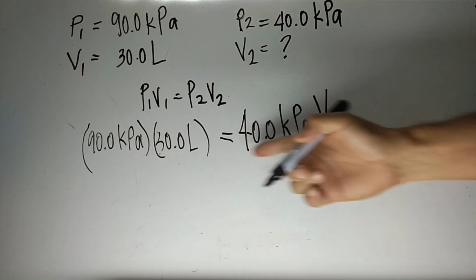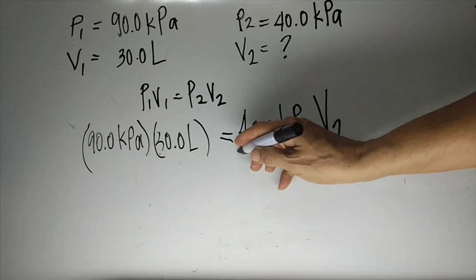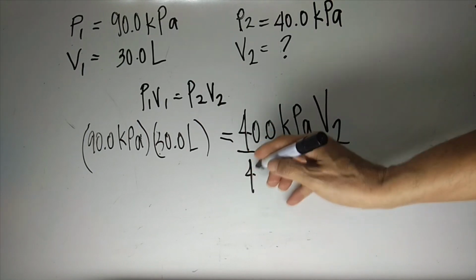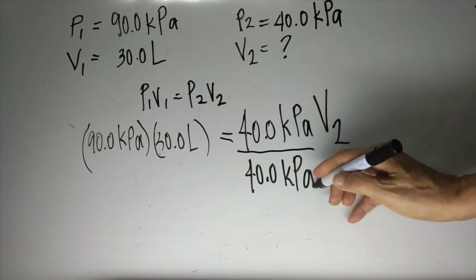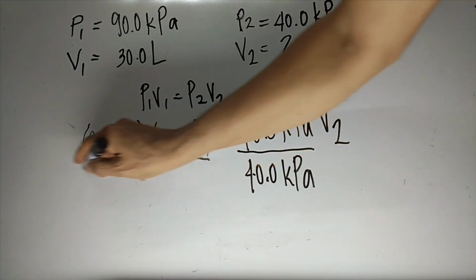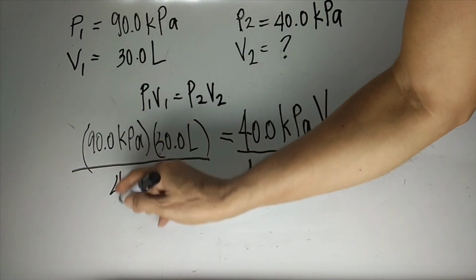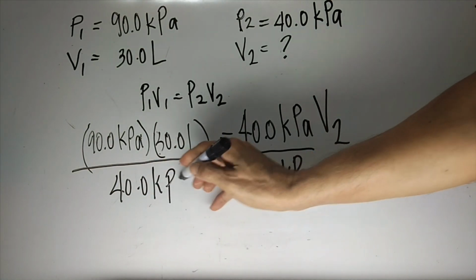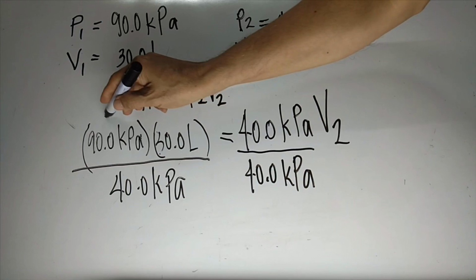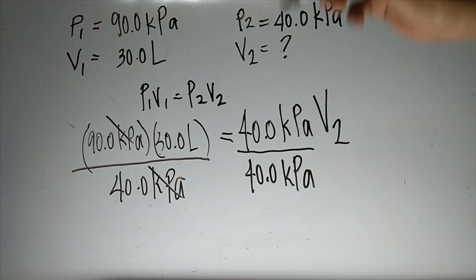Transposing these values to the other side of the equation symbol, this will be divided by 40.0 kilopascals. Divide this also by the same value, 40.0 kilopascals. So this unit cancels with this one. This one becomes 1.